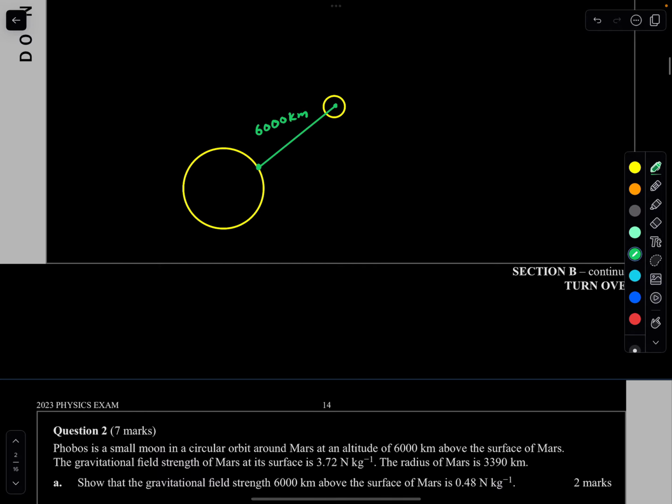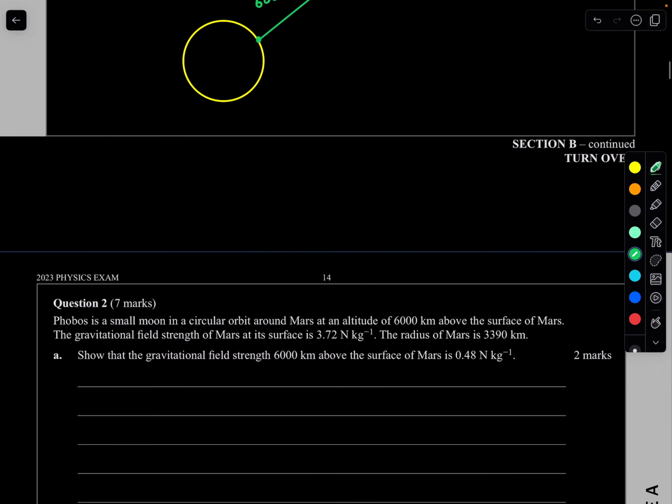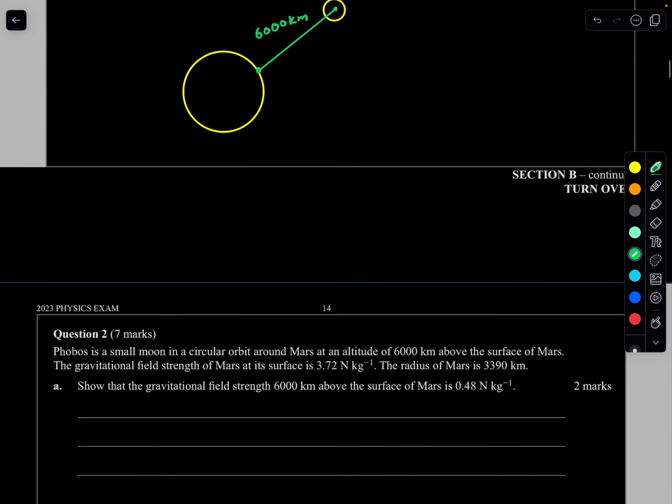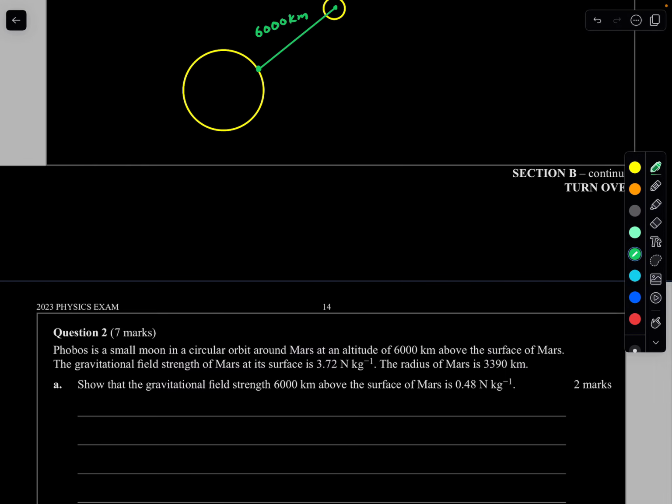Basically, this is how I would do this question. So that's 6,000 kilometers above the surface of Mars. The gravitational field strength of Mars at its surface, so at the surface here, g is 3.72 newtons per kilogram.